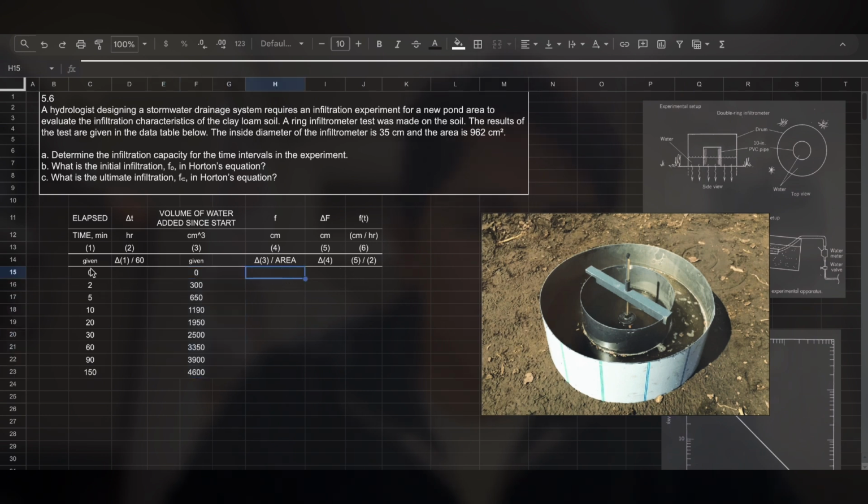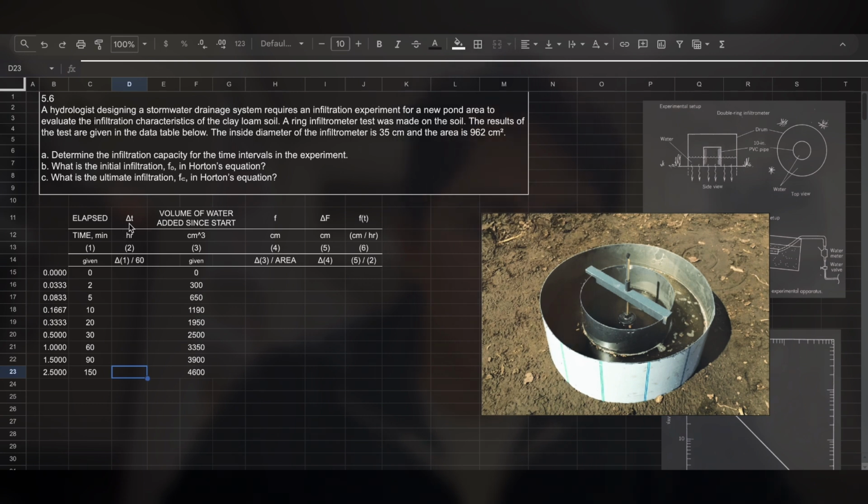So let's start by converting these minutes into hours, because we're gonna use hours at the end in this column. We divide these minutes by 60, and that should give us hours. So 150 minutes is 2.5 hours.